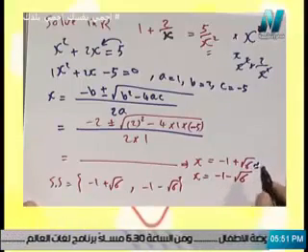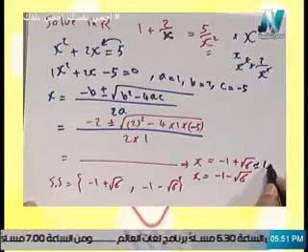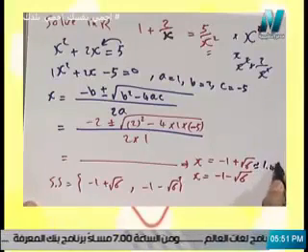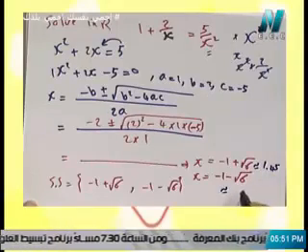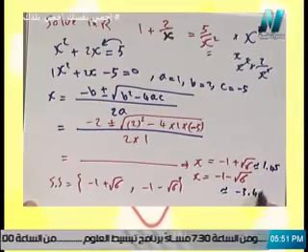The first one is approximately 1.45, and the other approximately negative 3.45.